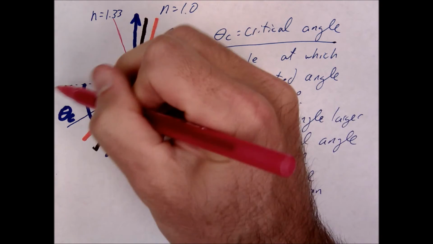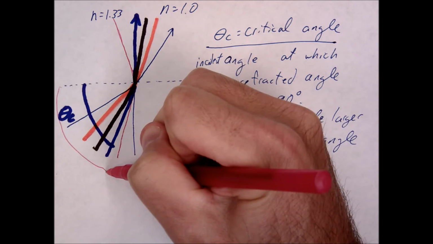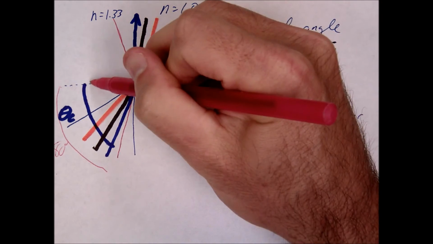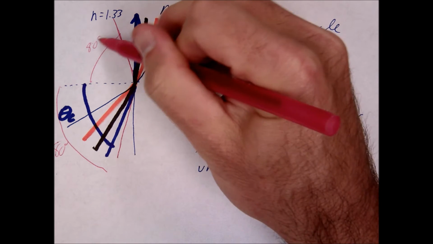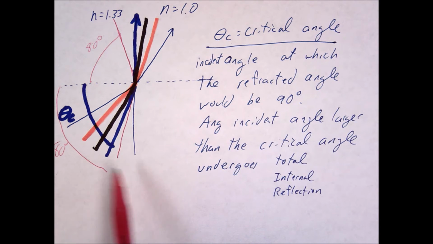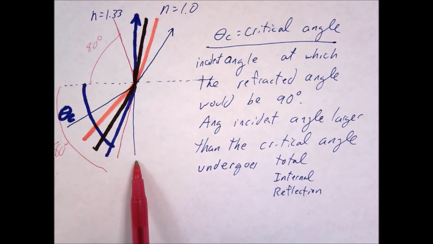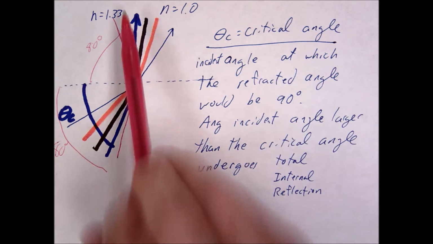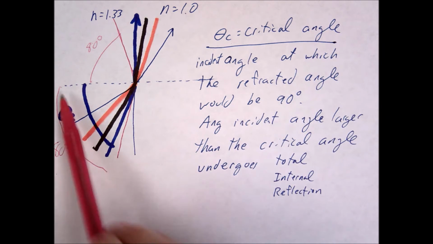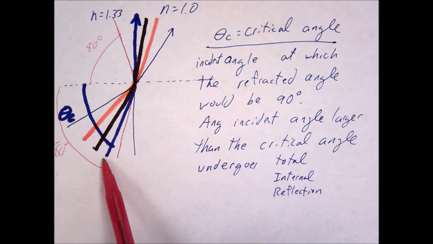So if this angle is 80 degrees here, then this would also be 80 degrees. And in fact, let's say the critical angle is 75 degrees, then 75.000001 and above, all the way up to 90, is going to reflect. All those will reflect. Anything below will refract. So that's total internal reflection.